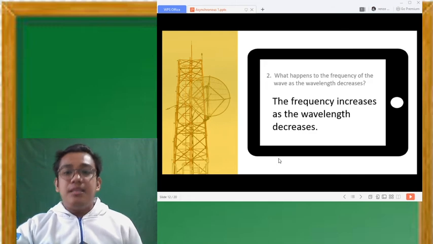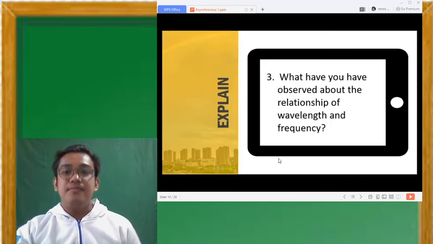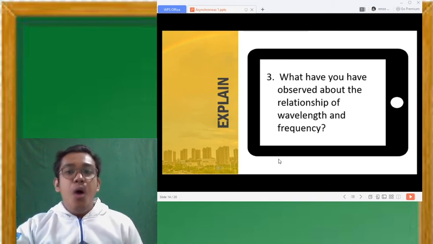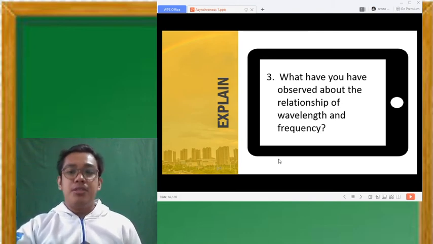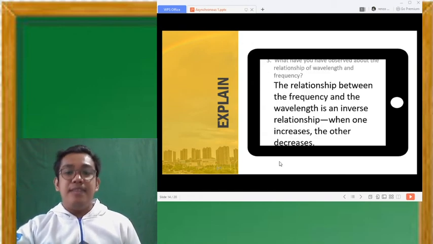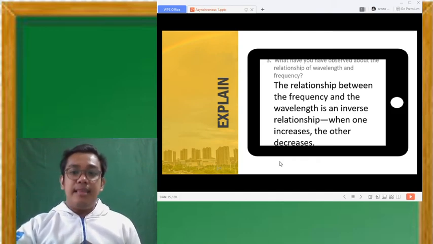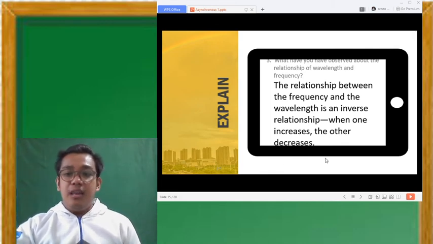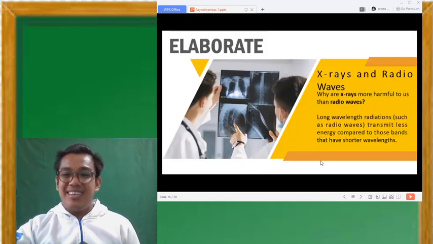The answer is the frequency increases as the wavelength decreases. The third question is, what have you observed about the relationship of wavelength and frequency? The answer is the relationship between the frequency and the wavelength is an inverse relationship. When one increases, the other decreases.